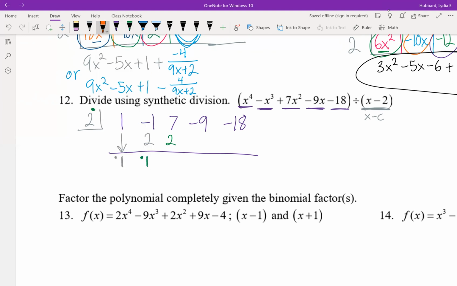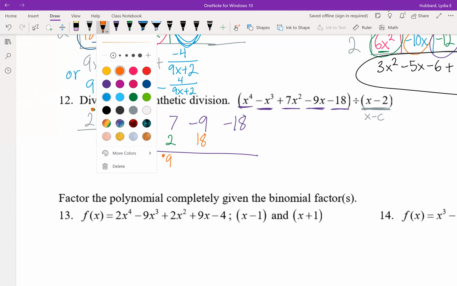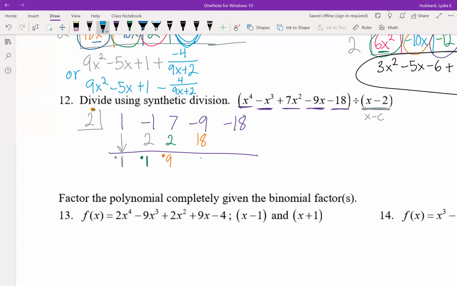Okay, so that's going to give us 9. 9 times 2 is 18. We add straight down there in order to get a positive 9. And then 9 times 2 is going to be a positive 18. And we add straight down to get 0. Okay, so this one actually divides nicely, which is kind of nice.